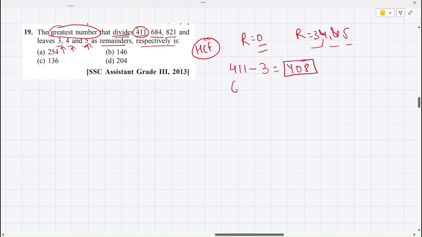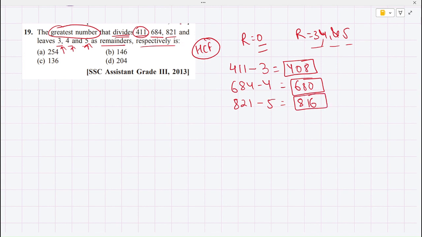Then the next number that we'll get is, we'll subtract 4 from 684 and we'll get 680. Then in case of 5, we subtract 5 from 821 and hence we'll get 816. So we need to find out the highest common factor of these particular numbers.